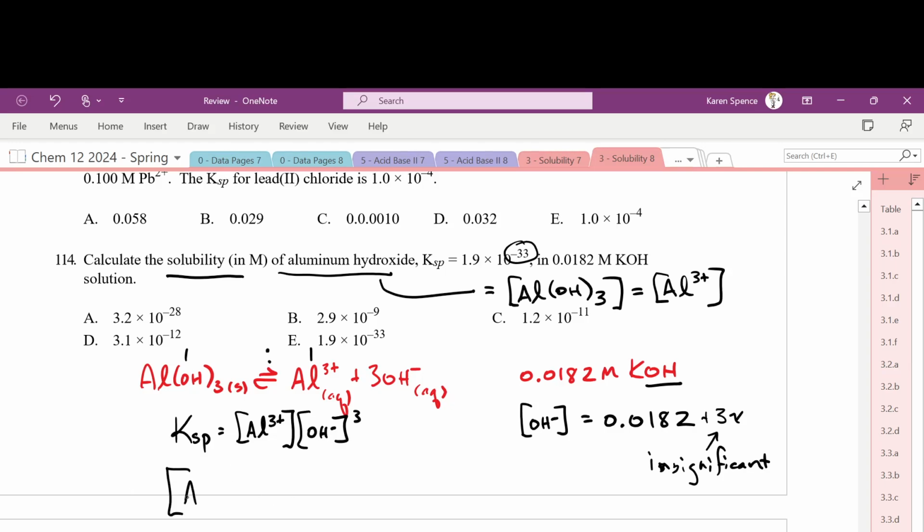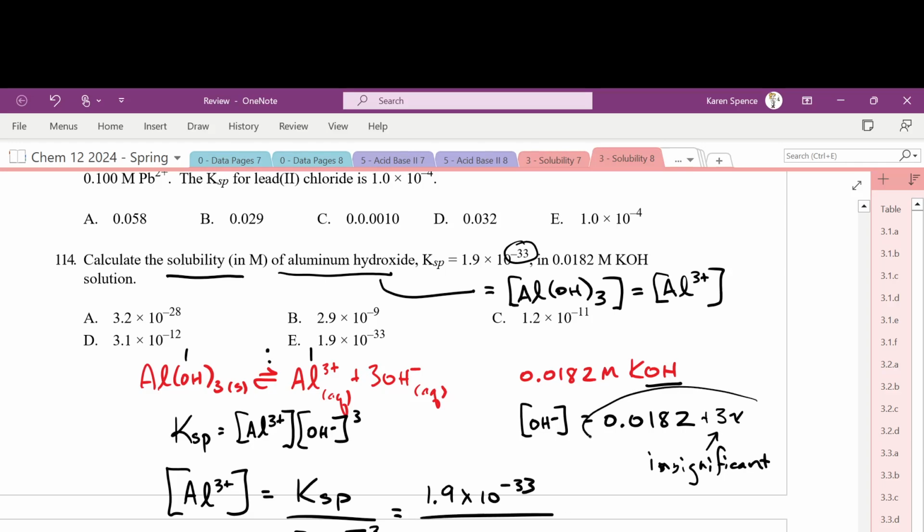We get the concentration of Al3+ equal to Ksp divided by the concentration of OH minus cubed, which is equal to 1.9 times 10 to the negative 33 over 0.0182. Now it's actually 0.0182 plus 3x, but the 3x is so small that we can just ignore it.